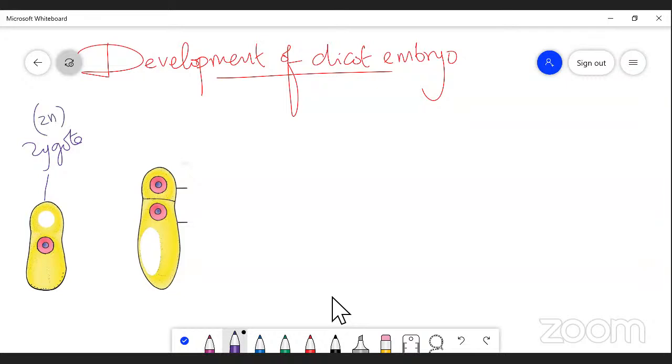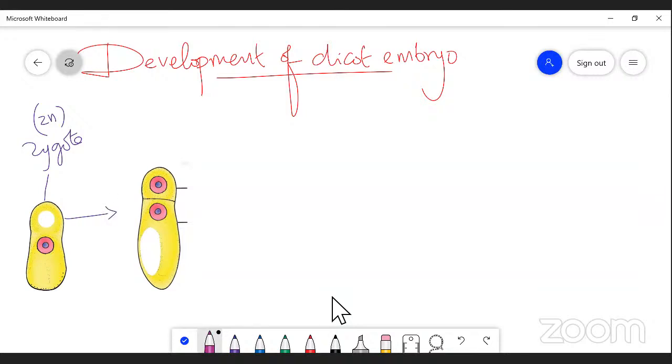After fertilization, the egg cell is converted into a zygote by the fusion of one of the male gametes. Simply, you know very well, what is a zygote? A zygote is a diploid cell that consists of both male gamete and female gamete. One of the male gametes fuses with the egg cell to form a zygote. Zygote is the first cell of development of the embryo, right?